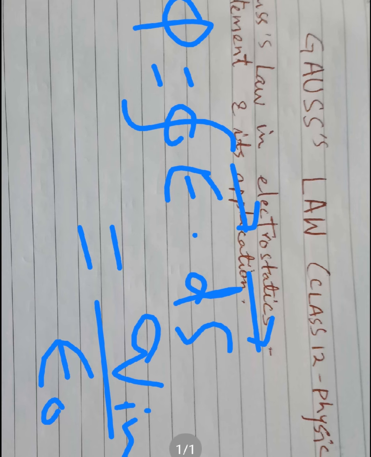So you see here the flux phi equal to Q in upon epsilon naught means net charge enclosed by that Gaussian surface divided by epsilon naught, and this equals the closed integral of electric field vector E dot vector ds over the closed surface. So the surface must be closed.